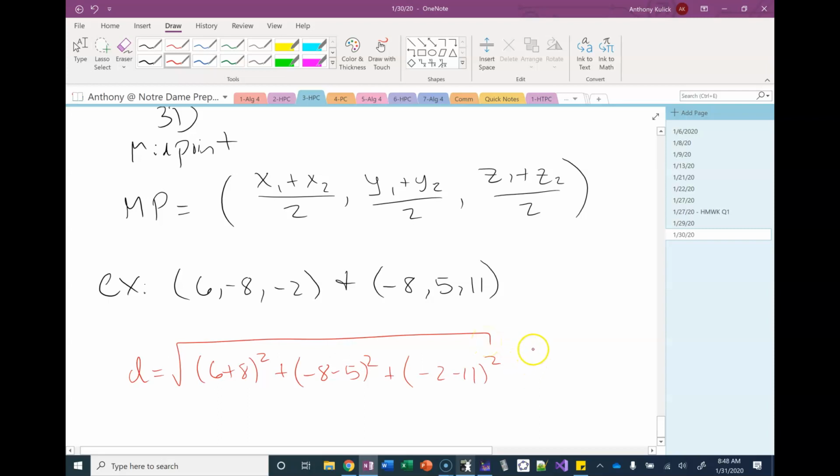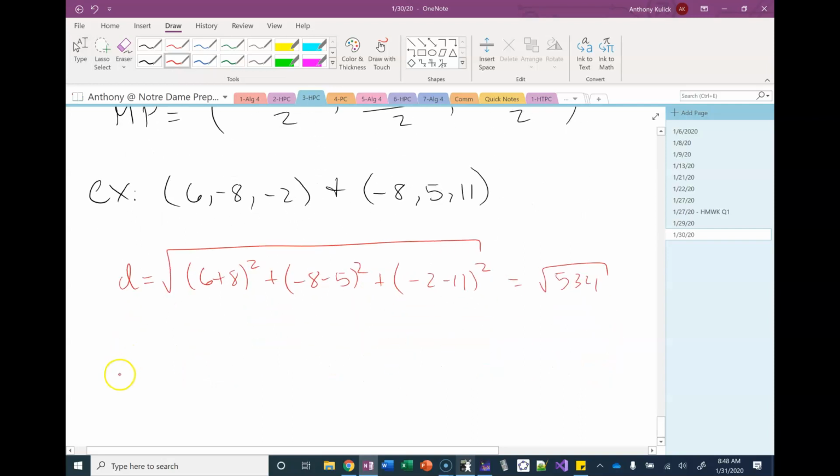Everybody okay there? So that's just going to come out to be like 534 or something, or the square root of 534. You're just using a formula.